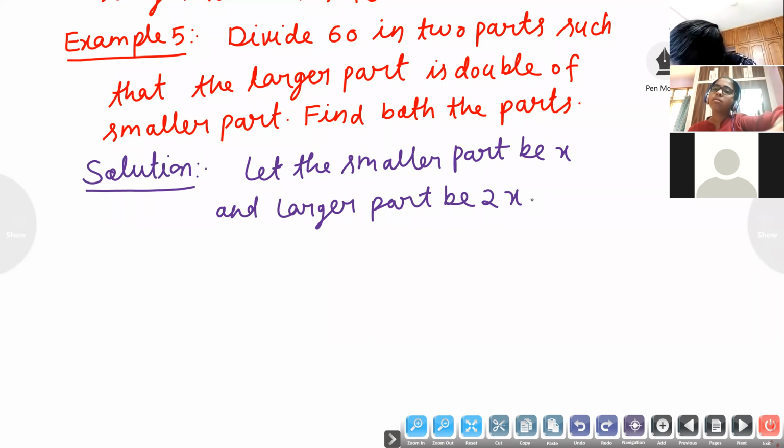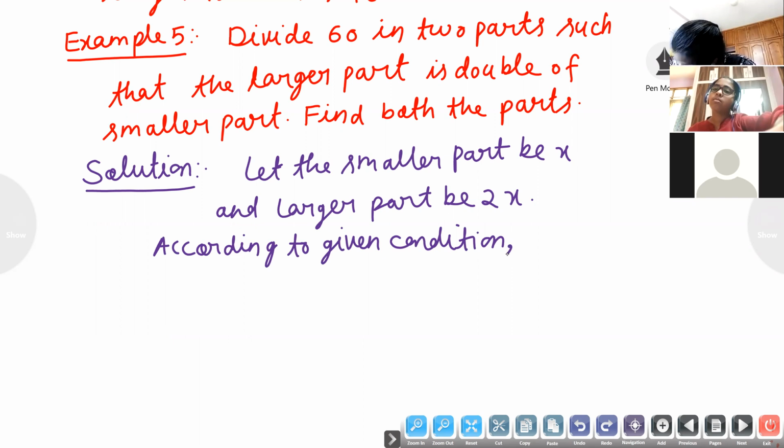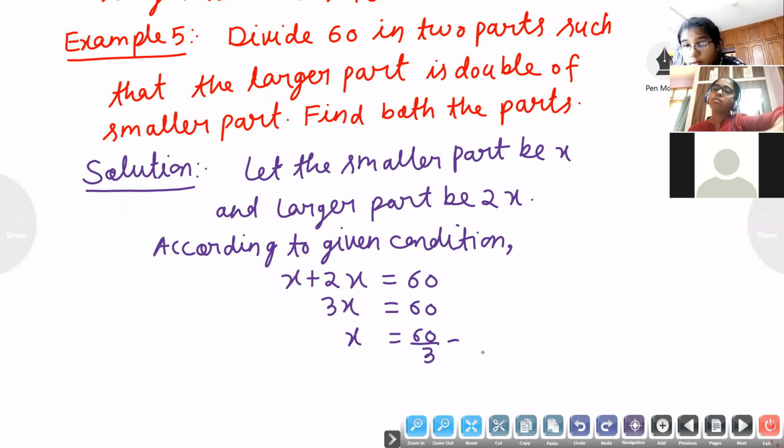According to the given condition, he has given divide 60 in two parts, means x plus 2x is equal to 60. 3x is equal to 60. x is equal to 60 divided by 3 is equal to 20.